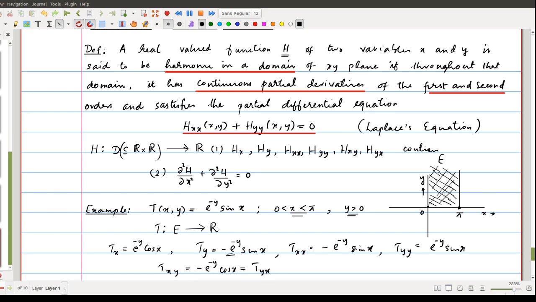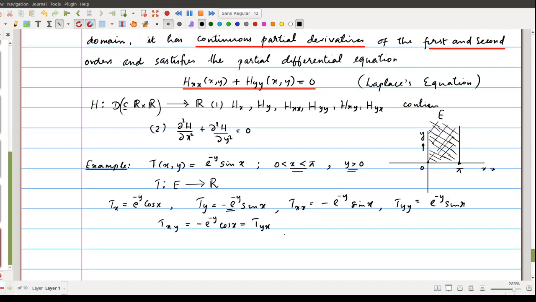If we look at all these first and second order partial derivatives, all these functions involve the exponential function as well as the trigonometric functions sin x and cos x, so all of them are continuous. Now consider txx plus tyy: txx is minus e to the power minus y sin x, and tyy is e to the power minus y times sin x, and the sum is 0.